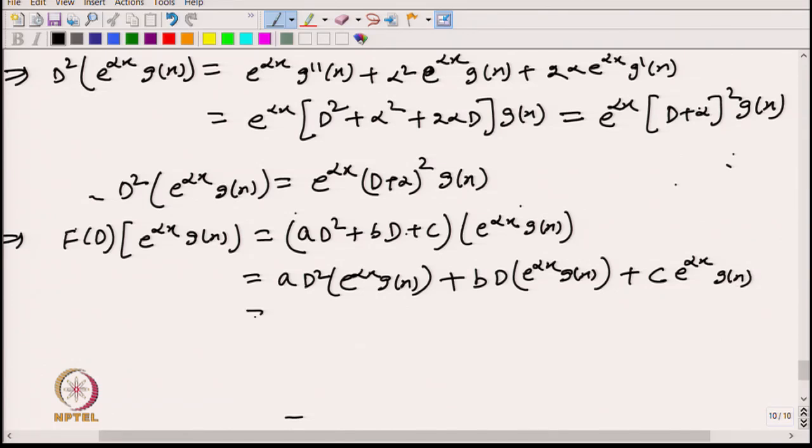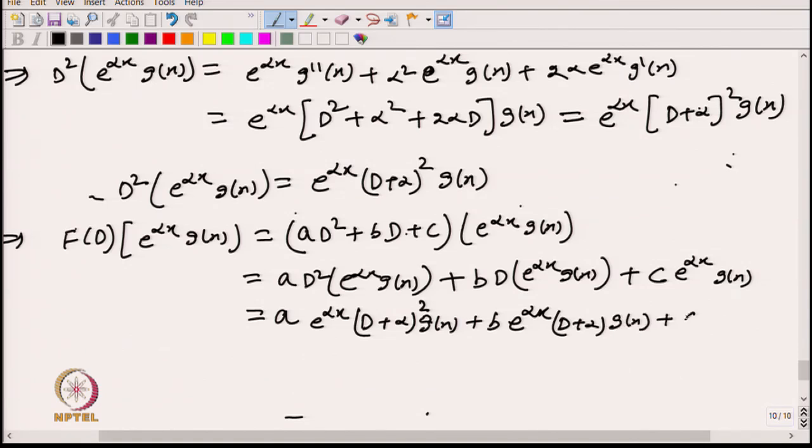From here I know that d square can be written as e alpha x (d plus alpha) whole square g x, plus b e raised to power alpha x (d plus alpha) g x, plus c times e alpha x g x.